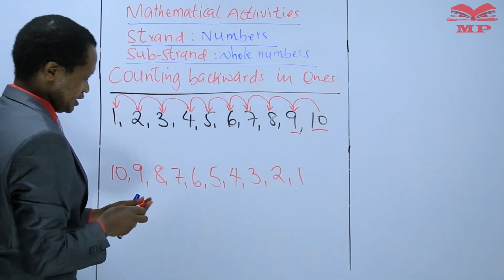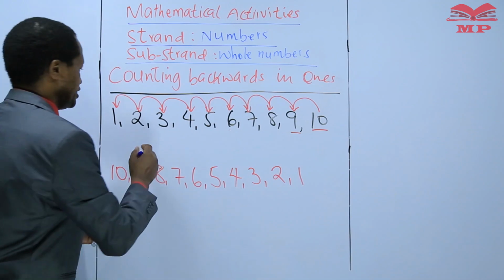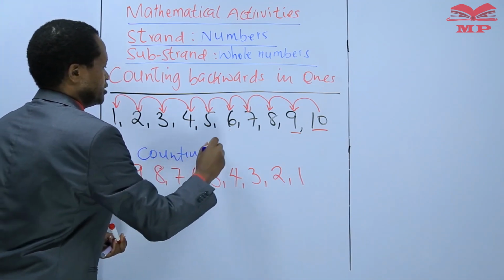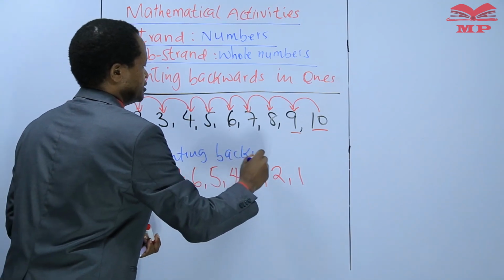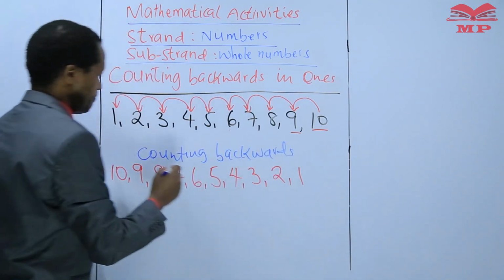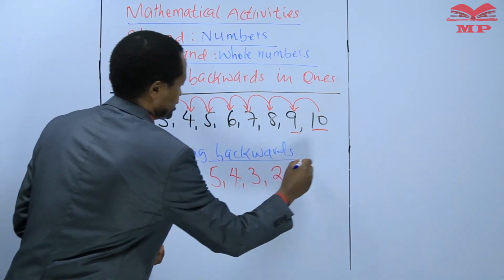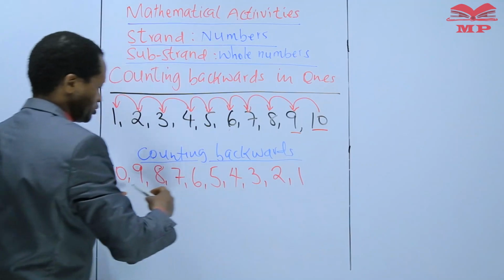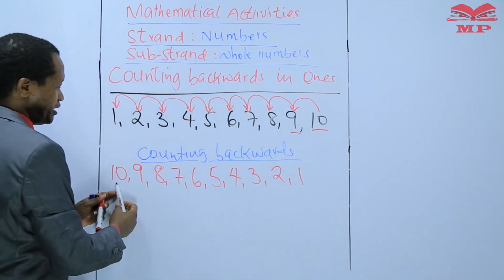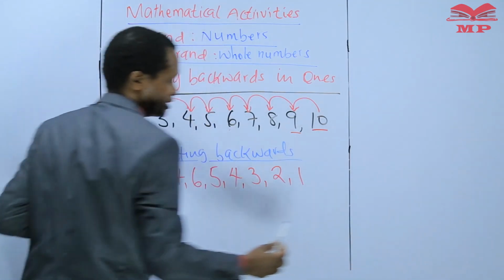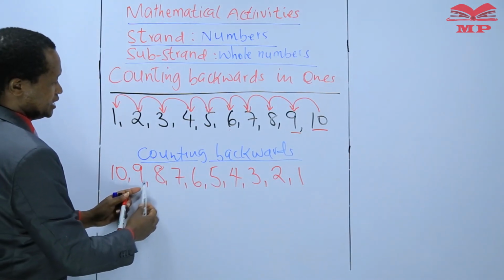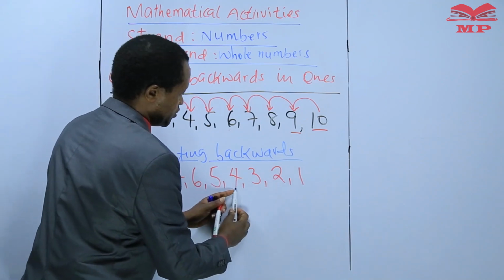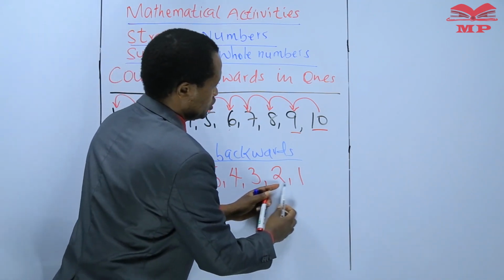This is counting backward, from a bigger number to smaller numbers. 10, 9, 8, 7, 6, 5, 4, 3, 2, 1.